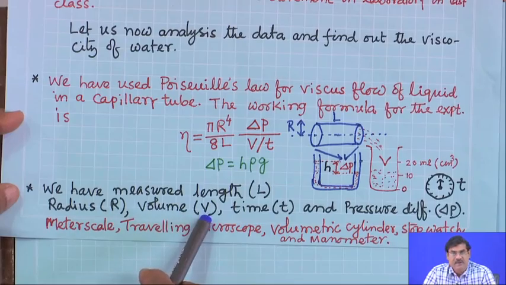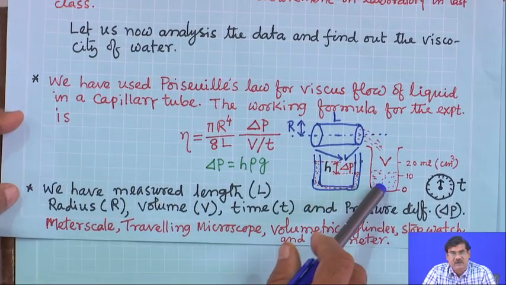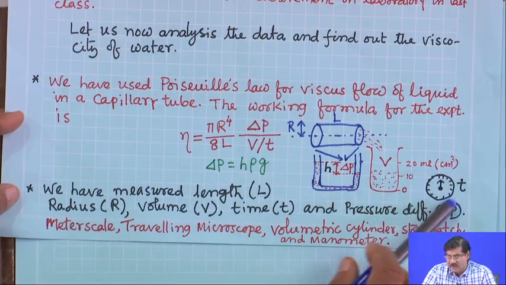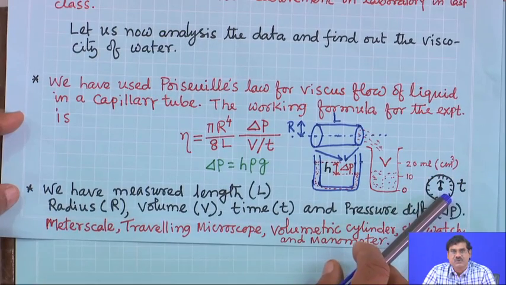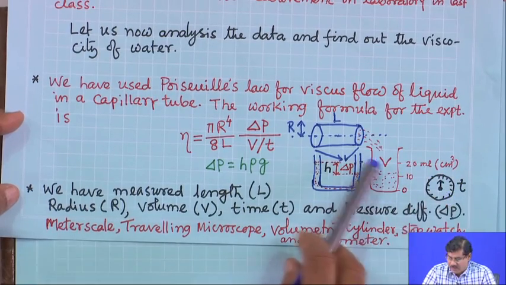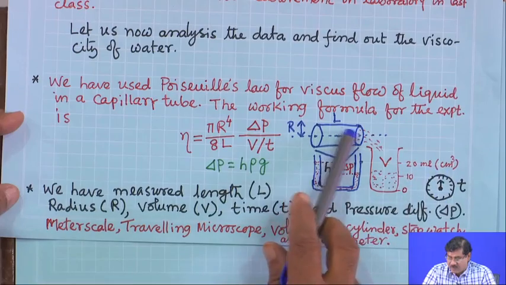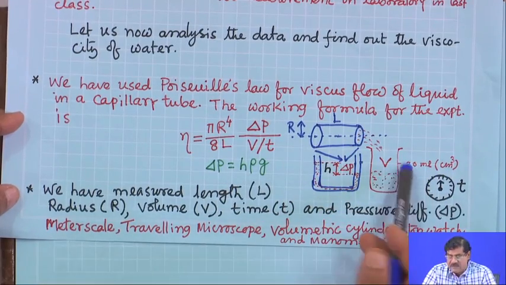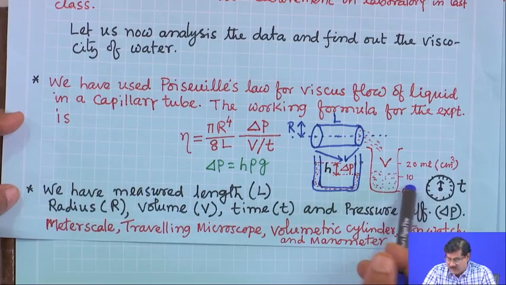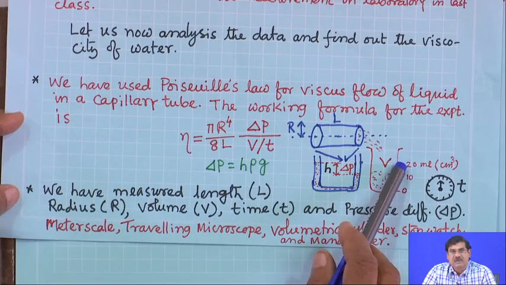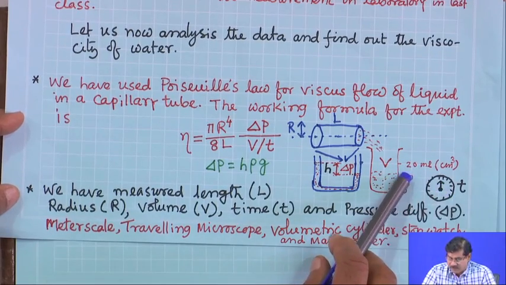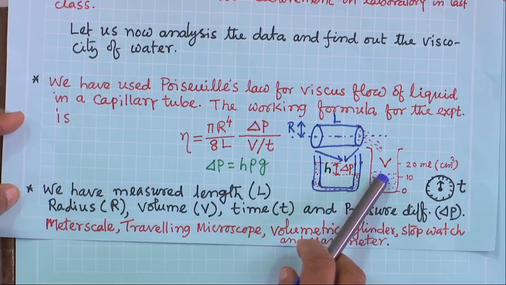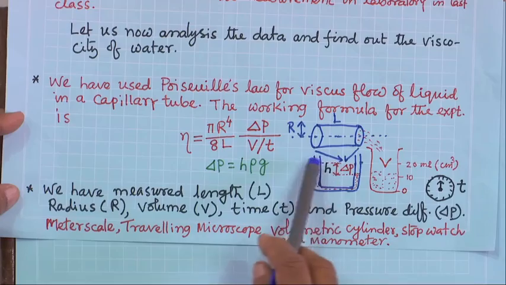And volume V means we will collect water for a particular time t, which we measure using the stopwatch. For a particular time t we collect water in a volumetric cylinder. So, directly you can get the reading of the volume of the water, and that for a particular height.